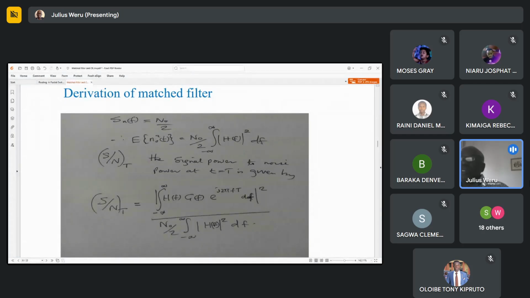The signal to noise ratio at the sampling point is given by simply the signal power divided by the noise power. And this is what we want to maximize.